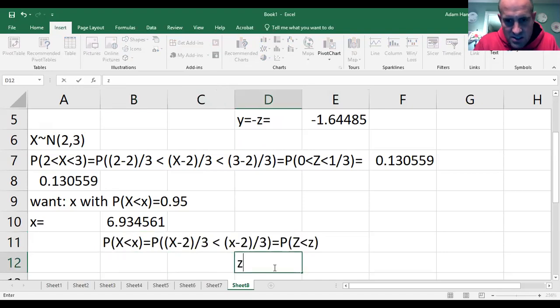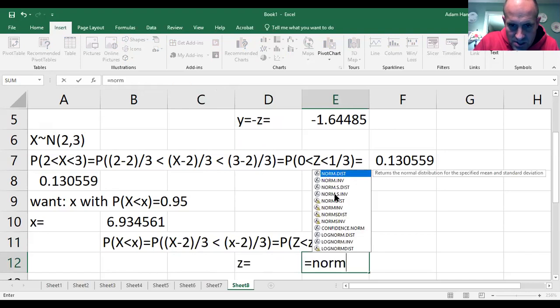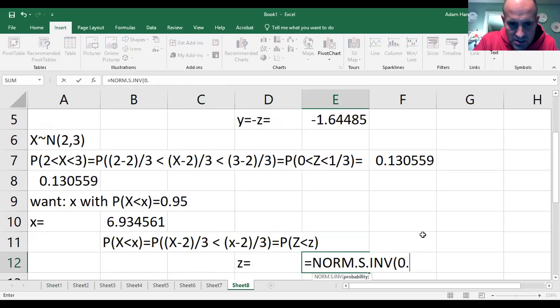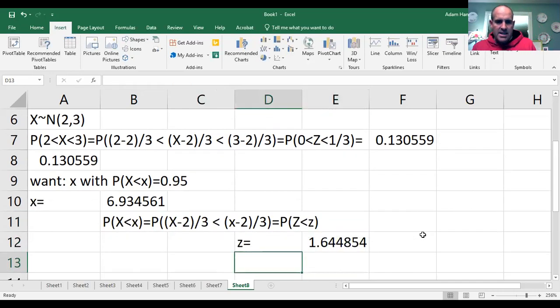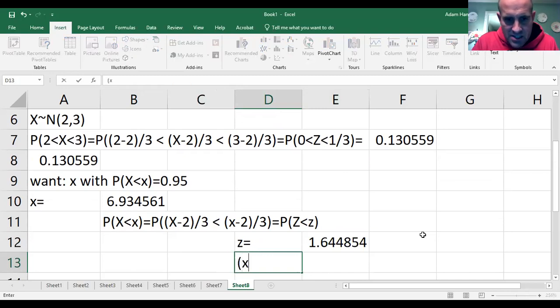Little z is going to be equal to, if I just converted things to the standard normal, so z equals normal standard inverse, and I want 95% probability. Okay, and I get that. So what I would have here is x minus 2 divided by 3 equals z equals 1.645 basically. So what would that tell you that x is equal to?